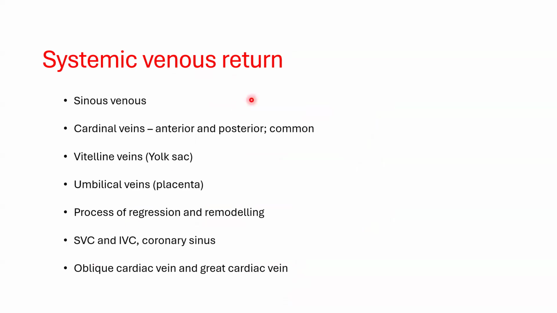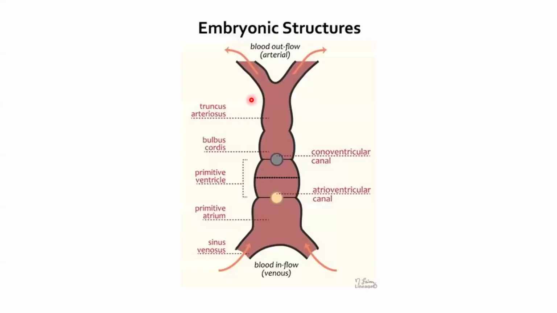So the most important structures that come together to form the venous return is the sinus venosus, which we already saw in the cardiac tube.